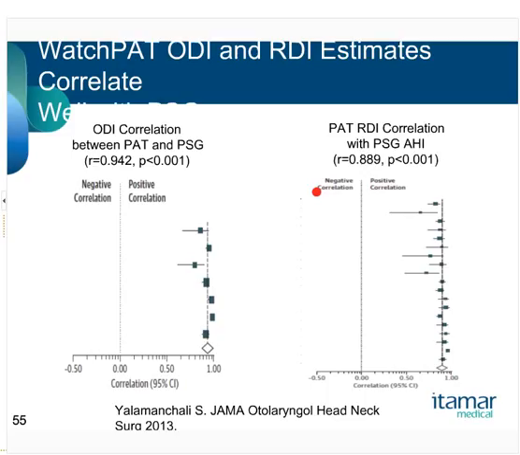This is a forest plot taking into account several different studies that have looked at this question. And this simply looks at the ODI correlation between the PAT signal and PSG. It's highly, highly significant with an R value of 0.94, which is astoundingly high in clinical medicine. And then a PAT signal correlation with polysomnographic AHI alone, an R value of 0.89, again, extremely high.